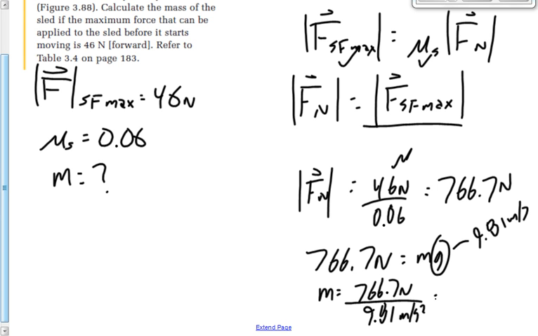What do we get there? 78.15. We're going to round that to 78 kilograms. Now notice I dropped the sign of the 9.81 there. Everything is magnitude when we're talking about friction. Forget about direction, we'll deal with direction in some other way. Everything is magnitude here, how big the force is.